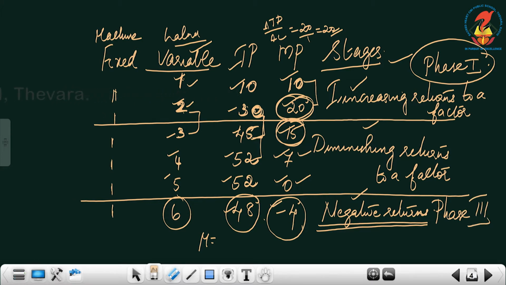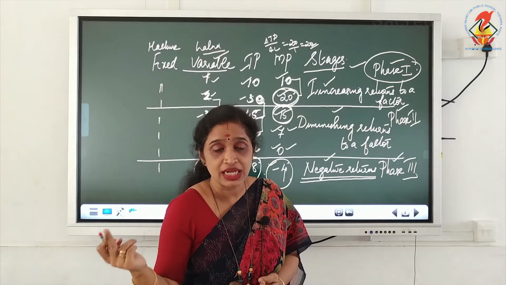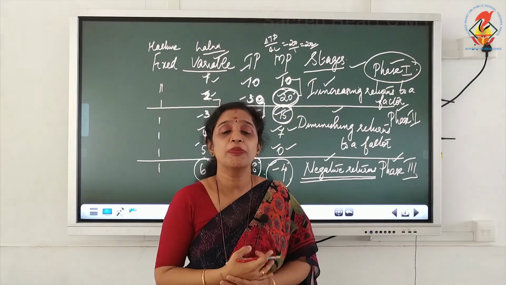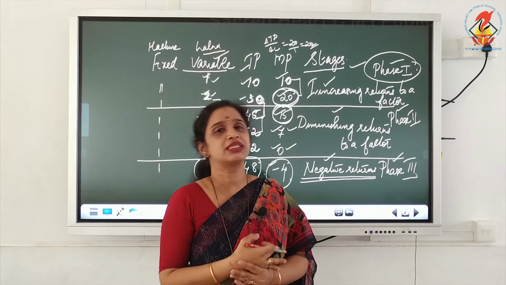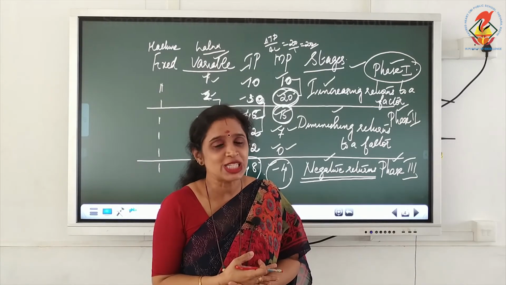Total productivity will not become negative. So we can divide the phases as phase 1, phase 2 and phase 3. In phase 1, total productivity is increasing at an increasing rate. In phase 2, total productivity is increasing at a decreasing rate, and in the third phase, total productivity is falling.